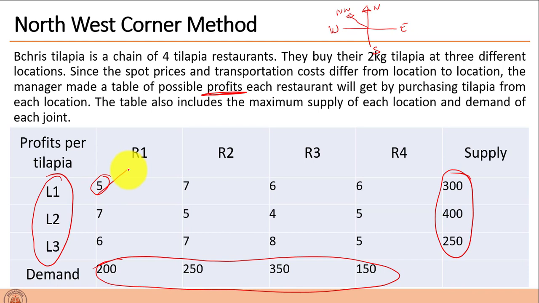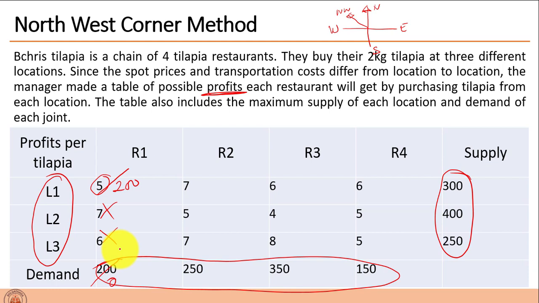So from the first warehouse, we give 200 to the first restaurant, and that will mean that restaurant 1 will not need anything again. No one goes to restaurant 1 again because they are fully booked now. So I cancel these 2 down there. That means warehouse 2 doesn't go to R1, and warehouse 3 does not go to R1.